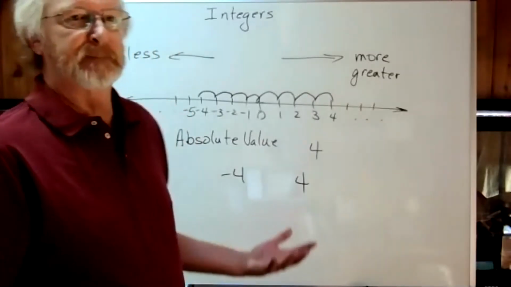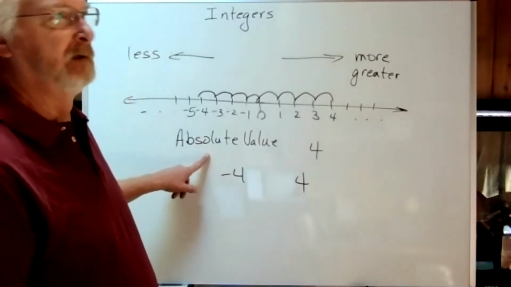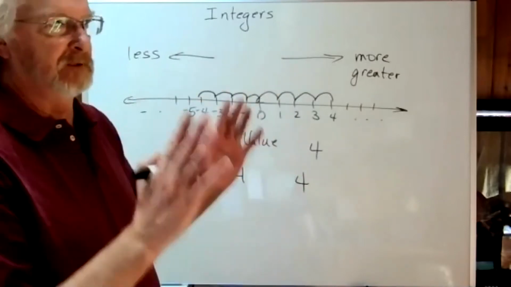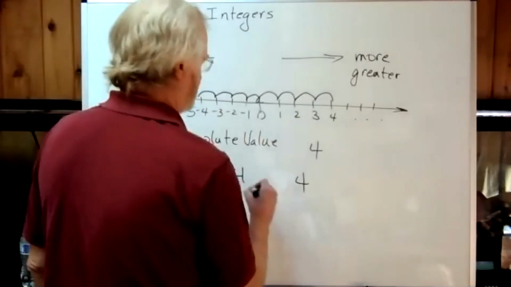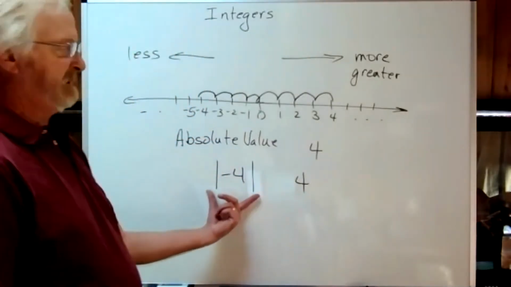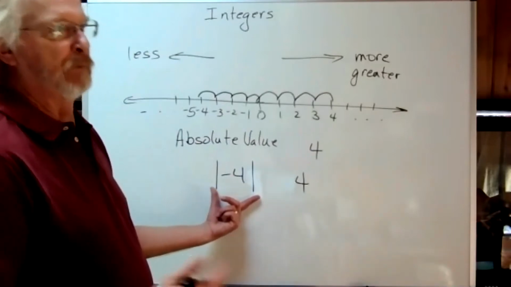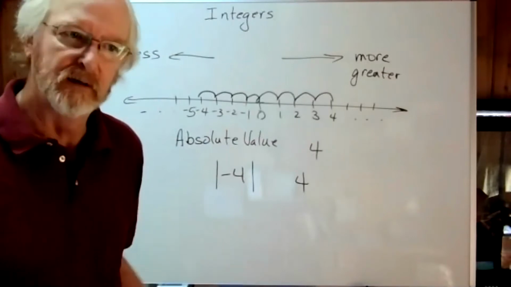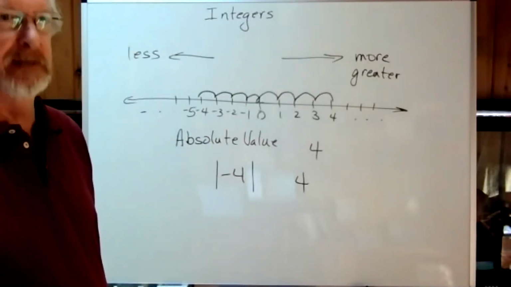Now we need some symbols to describe what we're asking for, absolute value. So we use vertical bars around the number, around the expression. When we see that, it's asking: what is the absolute value of -4? How far from 0 is -4?